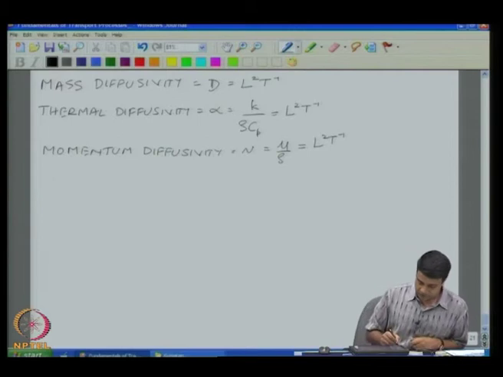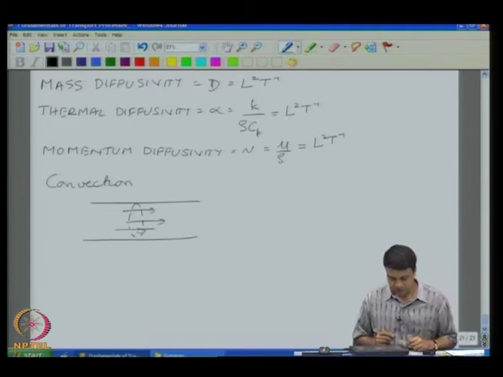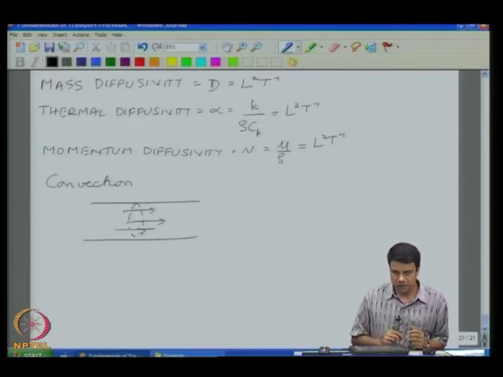Now, what is the rate of convection? If I have some pipe with some cross section and there is a velocity field going across this pipe. Convection gives you the rate at which the material is transported from left to right due to the mean fluid flow.